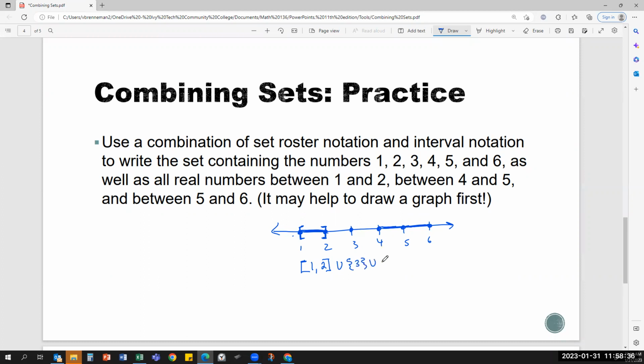And then we have another gap between the 3 and the 4. Now the 4, 5, and 6 are all included in this interval. So we have the square brackets 4, 6 square brackets, and that includes 4, 5, 6, and everything between 4 and 5, and everything between 5 and 6. So this would be the combined notation for that whole set.